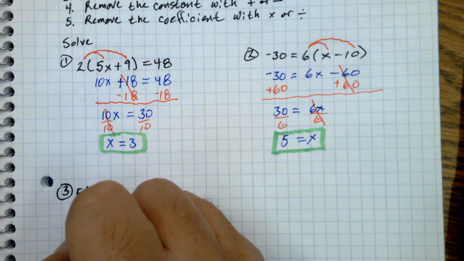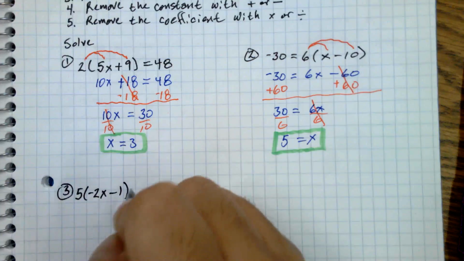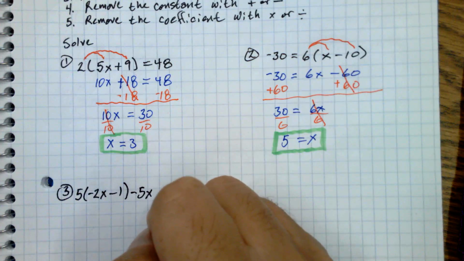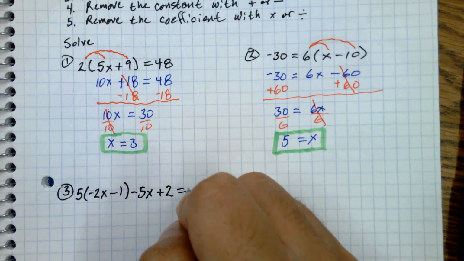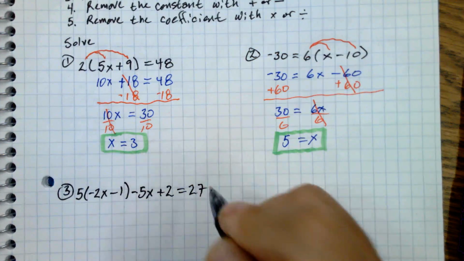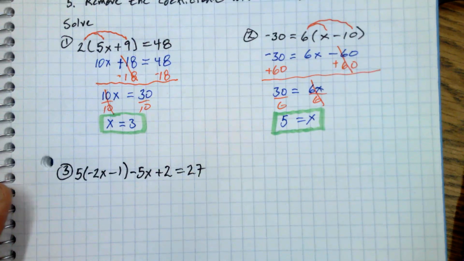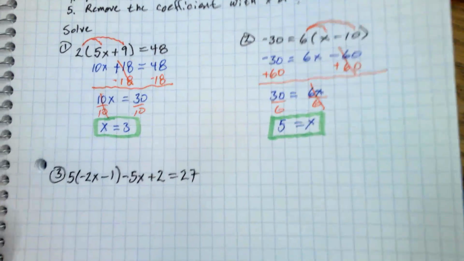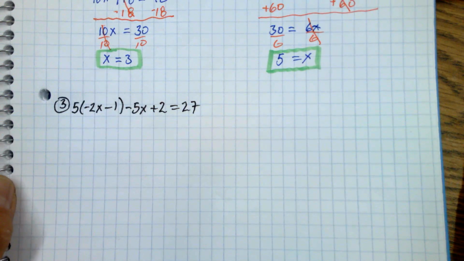Five times the quantity negative 2x, take away 1, minus 5x, plus 2 is the same as 27. Okay? Write that one down. Definitely has more.